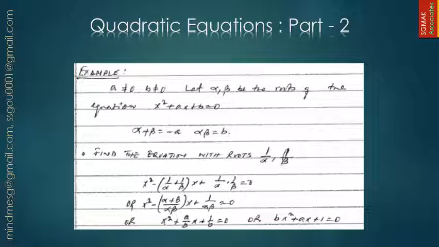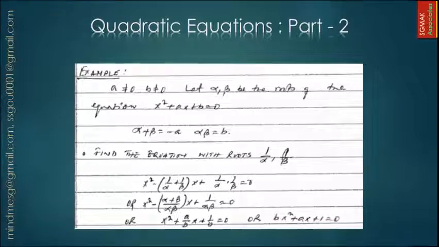It is given by x squared minus sum of the roots times x plus product of the roots equals 0. And then if you simplify, that leads to bx squared plus ax plus 1 equals 0. Okay, pretty straightforward. Okay, let's move on.